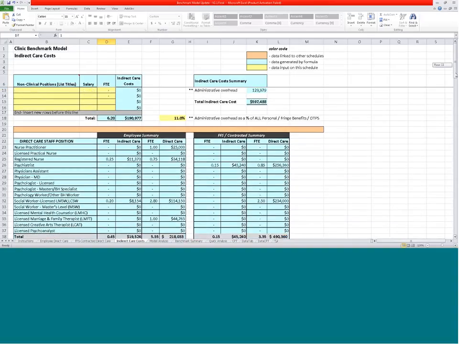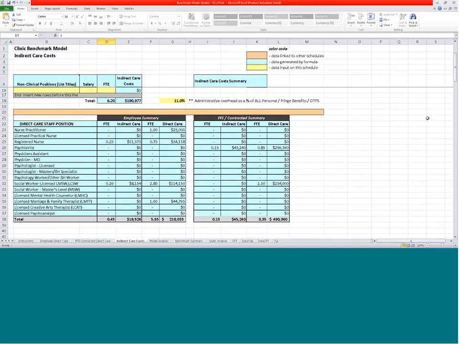That's very hard to say: the indirect portion of the direct care staff. But as I mentioned earlier, you may have some direct care staff, people who are giving clinical services, and part of those people may become indirect care. And you could see that we've given you an example of that.